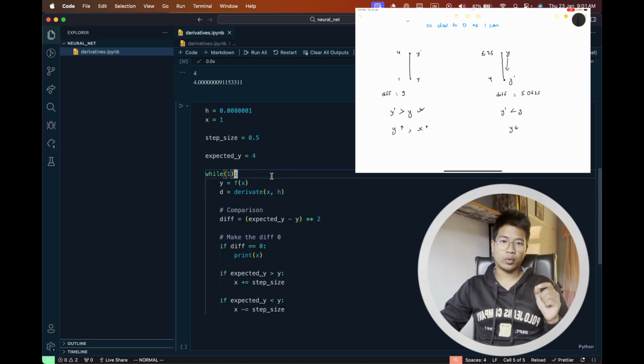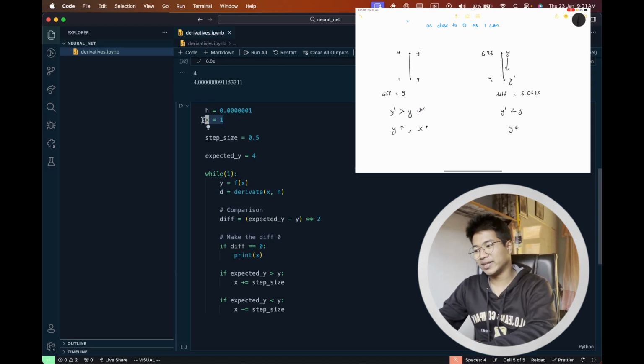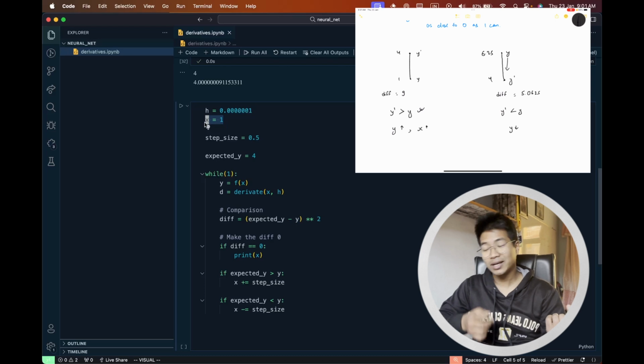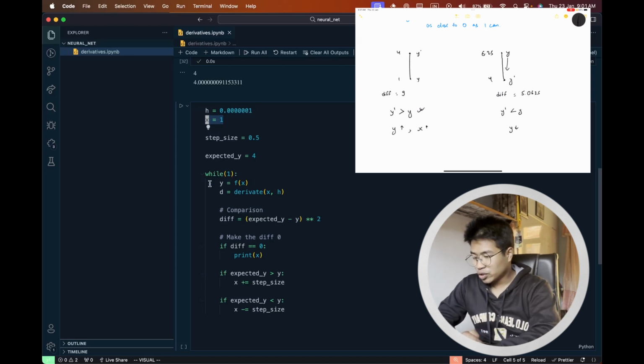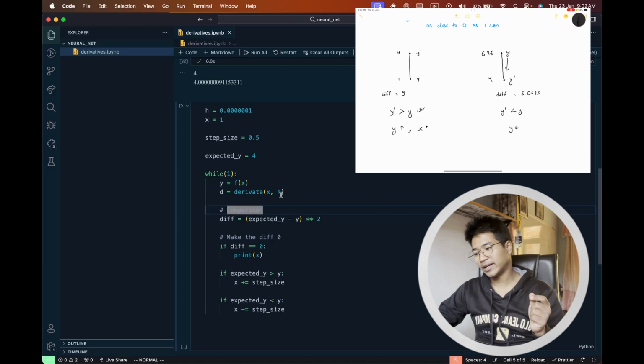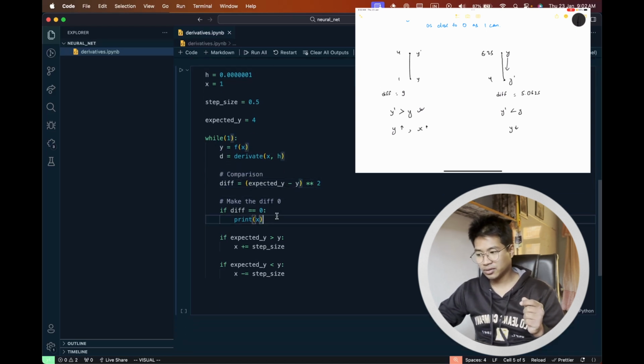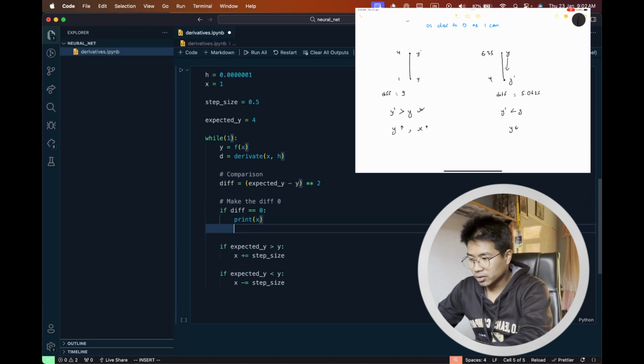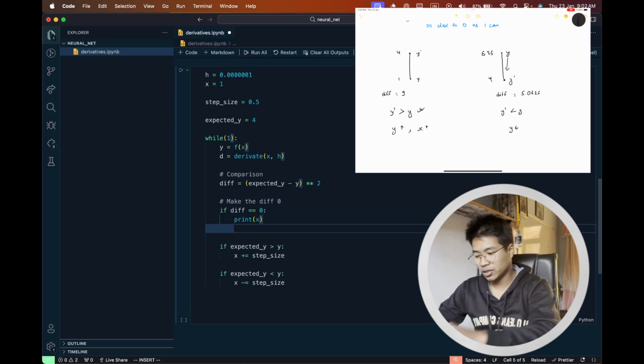First thing, we need to initialize your x value to a random number, let's say 1 in this case. And then every single time you'd want to calculate the y value and the derivative, find the difference, and see if that difference is 0, then you print x. And if you already find the difference to be 0, then you're done, right?